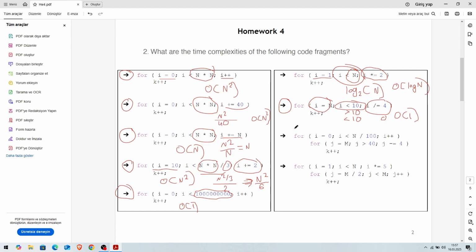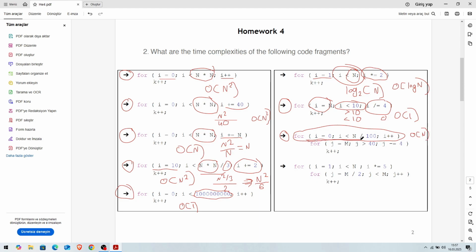After that, when we look at the third question on the right side, the outer loop is roughly n divided by 100 iterations, so O(n).